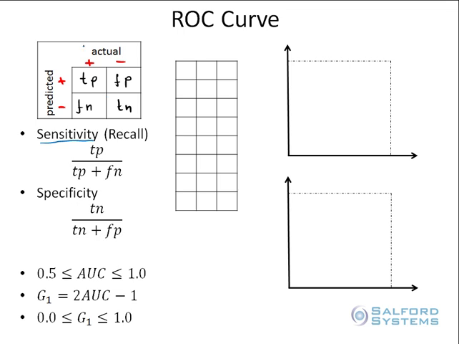But the sensitivity essentially gives us the fraction of positives that are predicted as positives divided by the total number of positives out there in the population. So the higher the sensitivity, the greater the percentage of positive events that I'm capturing by running my classifier.